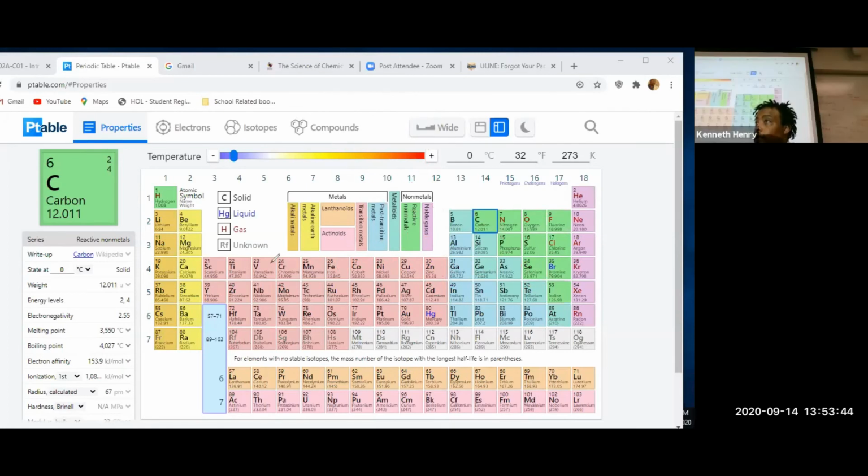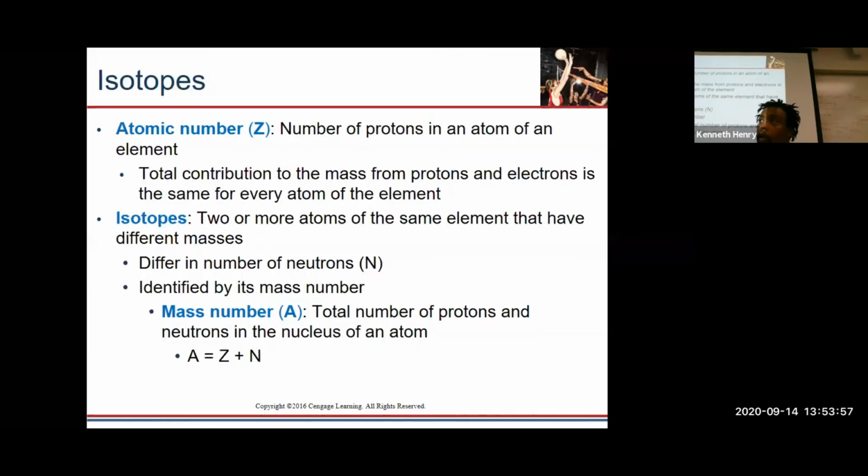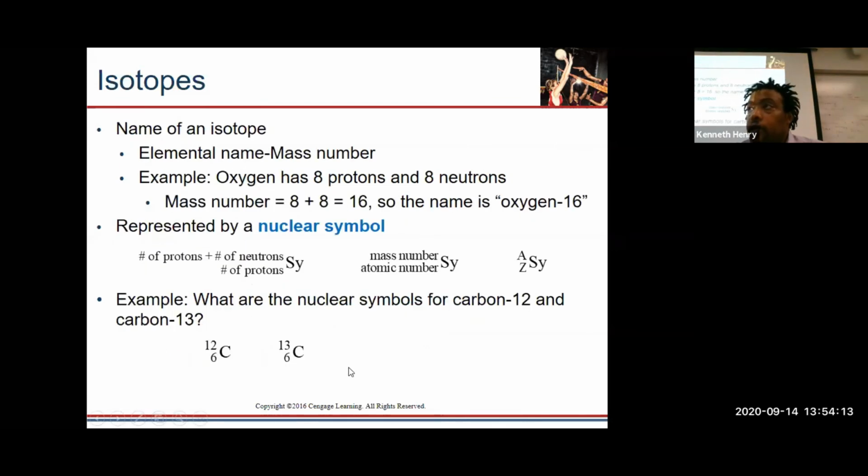Okay, so this is just telling you everything that we just talked about, and it gives you the textbook definition. There are two ways of showing it.